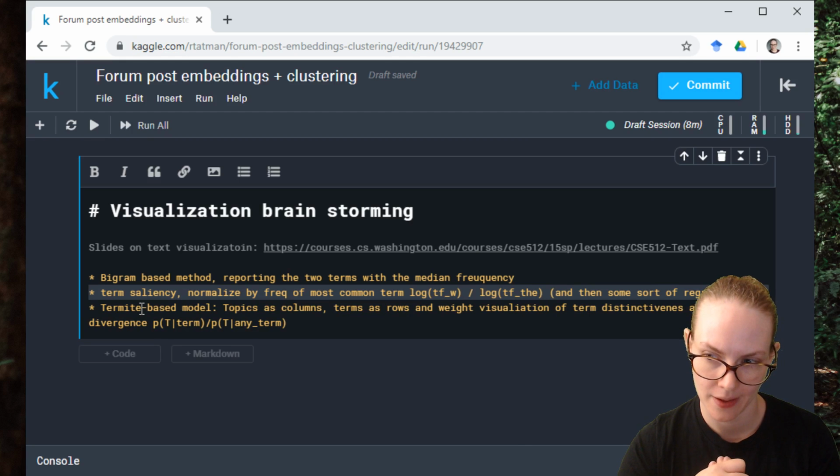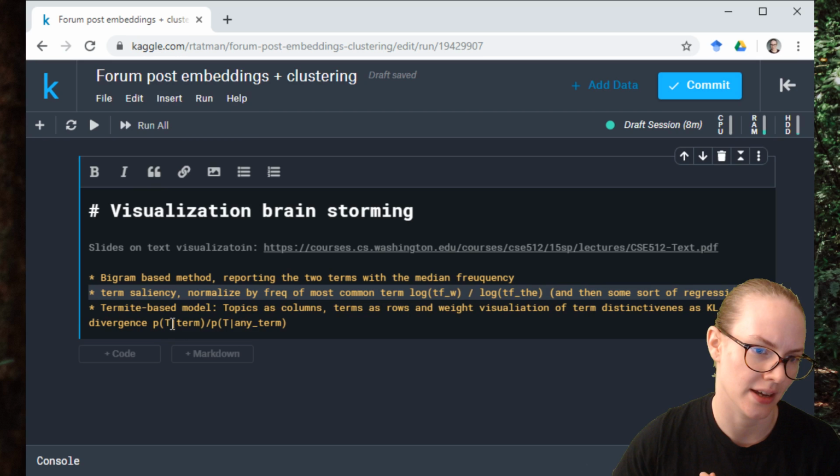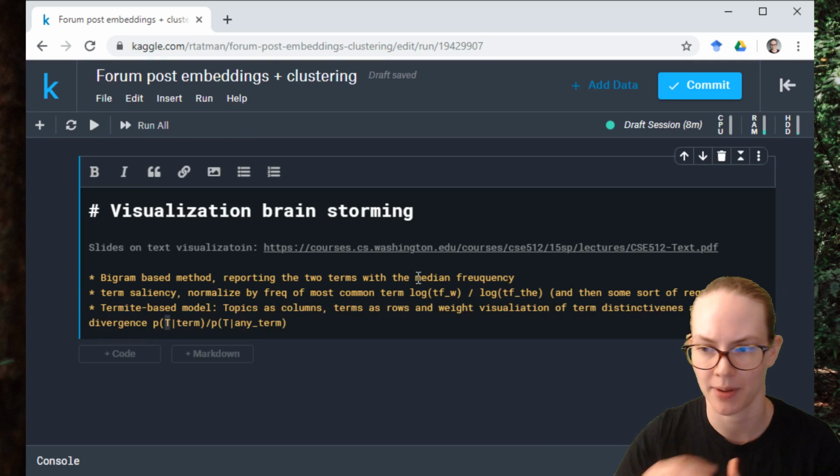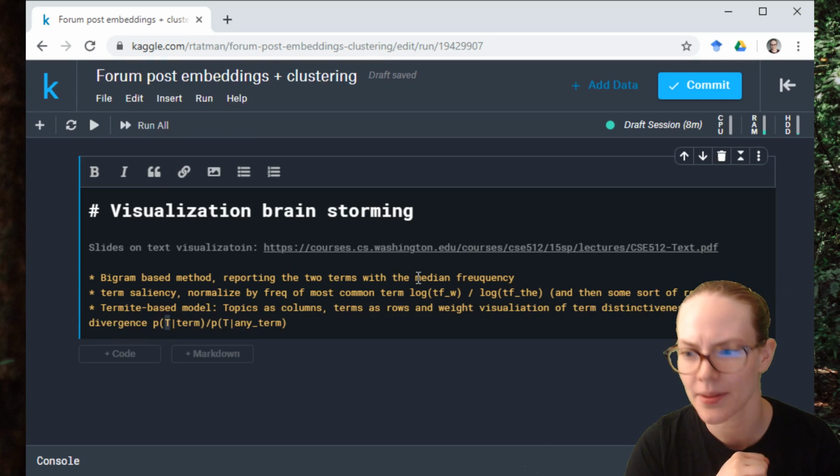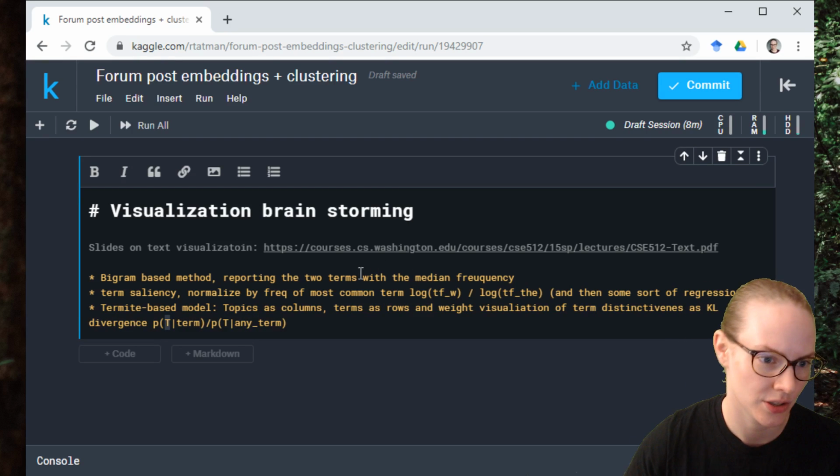And the t here is the topic given the term divided by the topic given any term, not the term. But I think it would also be pretty straightforward to do. So let's try that first.